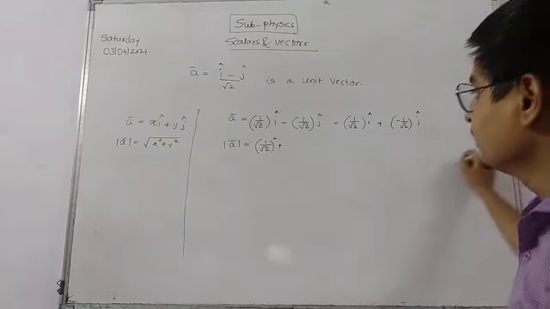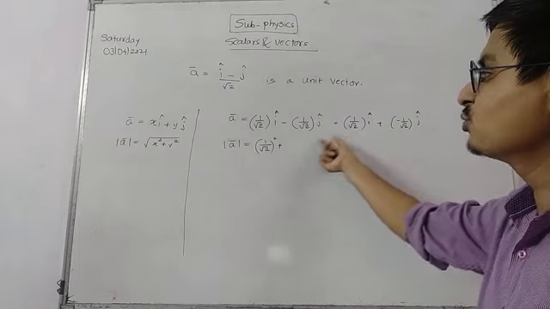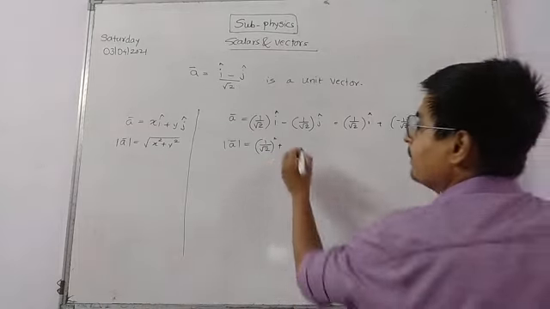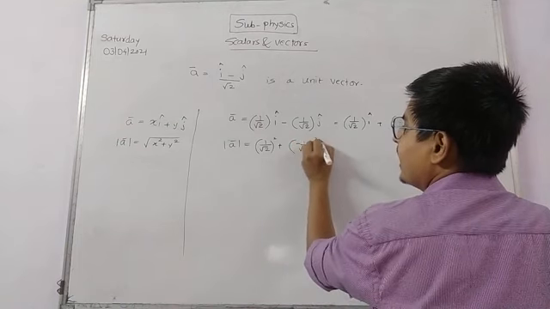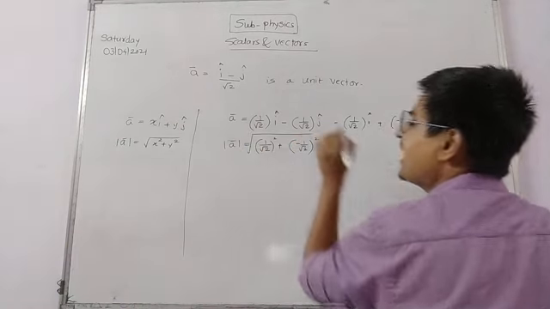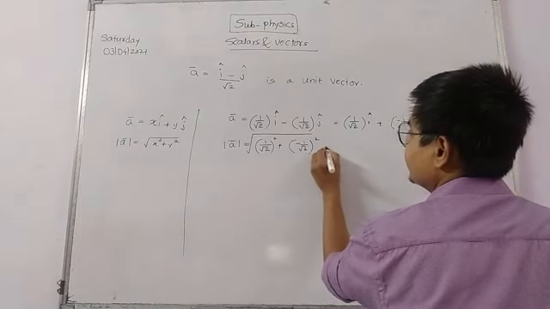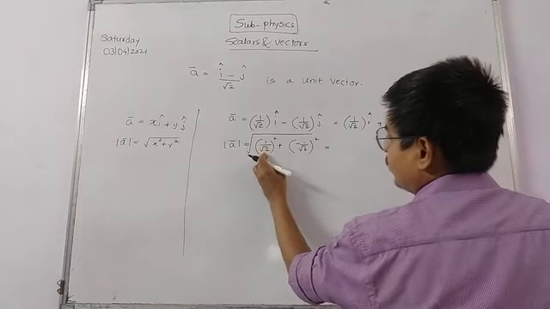So I take (1 upon square root of 2) square plus (minus 1 upon square root of 2) square, and hold things in a bracket.